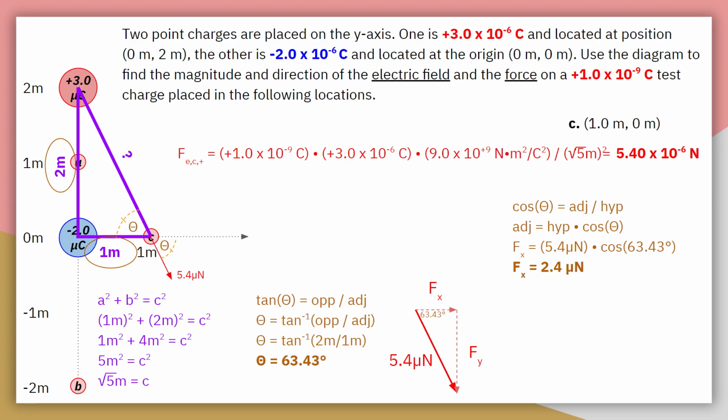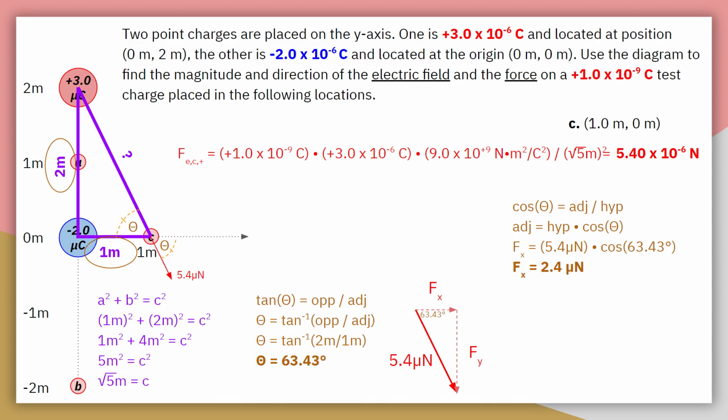If we're solving for the horizontal component, the x-axis component of the force, we'll need to use the cosine function, which is the ratio between the adjacent side and the hypotenuse. Because our horizontal component of force is the adjacent side, we can rearrange to get the adjacent by itself, and calculate it by taking the hypotenuse, 5.4 micronewtons, and multiplying that by cosine of the angle.